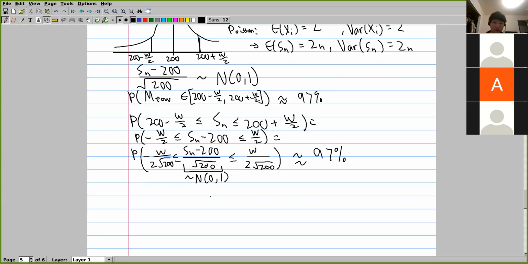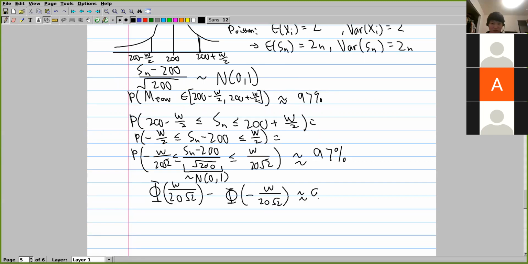So this means that phi of this thing, and I'm also going to simplify this to 20 root 2, and this one also 20 root 2, is roughly 97%.